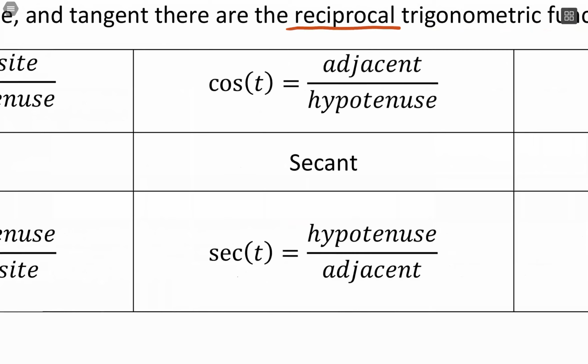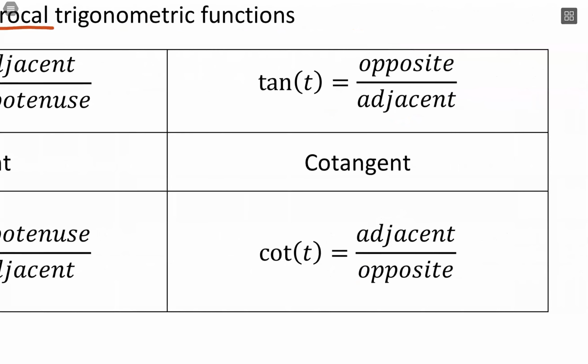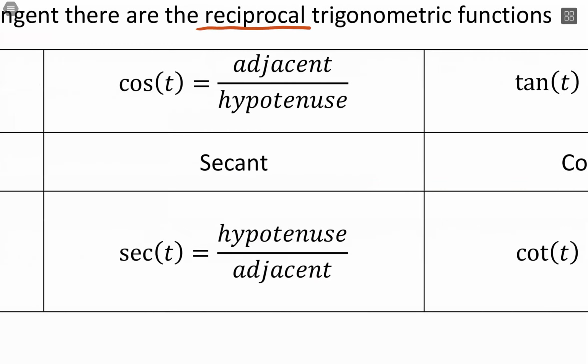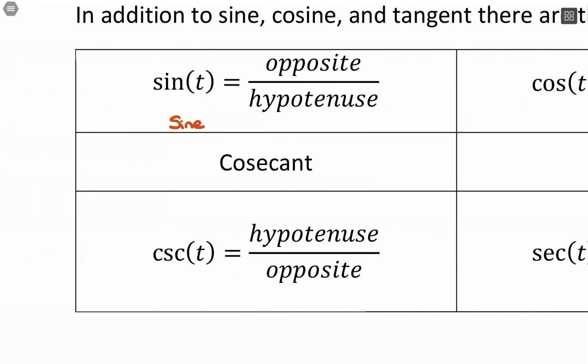Cosine lines up with secant, so where cosine is adjacent over hypotenuse, secant is hypotenuse over adjacent. And tangent is opposite over adjacent, so cotangent is adjacent over opposite. So really, it still just comes down to SOHCAHTOA, but it's just recognizing that the numerator and denominator switch.